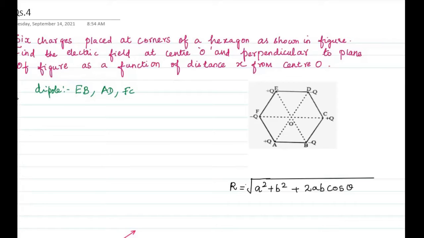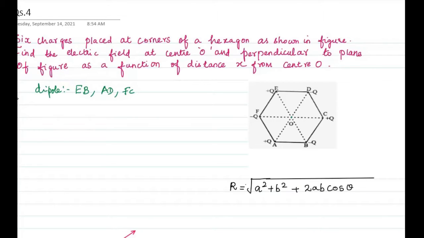Now you have to find the electric field at this point, the center, and perpendicular to this plane. Just imagine there is a test positive charge here. Now you're going to find the electric field direction.